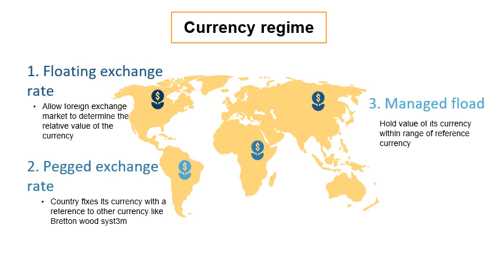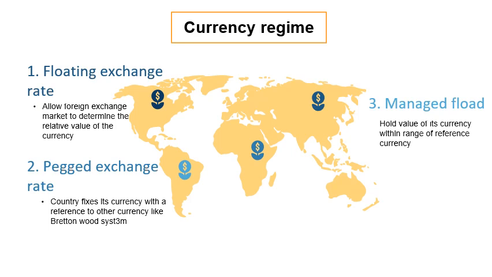The second one is the pegged exchange rate system, where a country fixes its currency with reference to another currency, like they did in Bretton Woods, where they fixed the value of the dollar to gold.